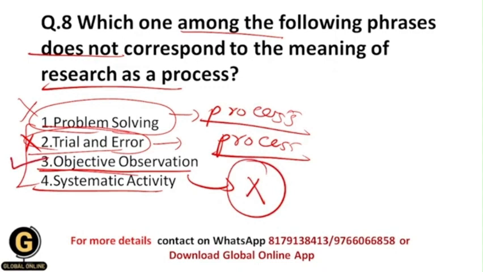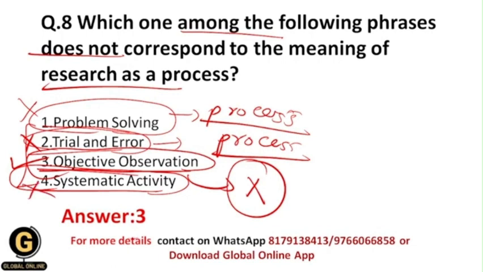Objective observation is part of a research process, not a whole research process, and that's why the correct answer is 3. And now systematic activity, obviously through this word you can understand that this is a whole process and it corresponds to the meaning of research as a whole process. So this is again eliminated, and that's why the correct answer is 3.